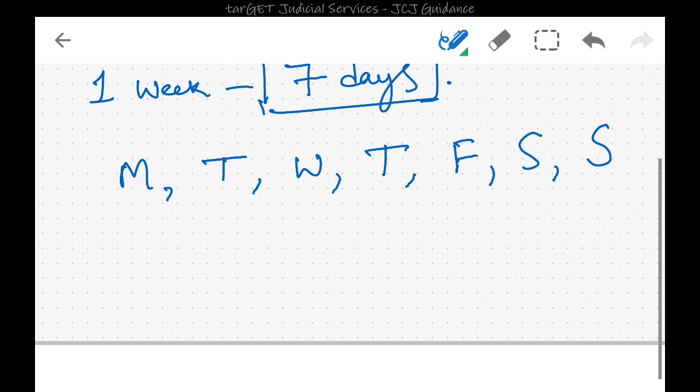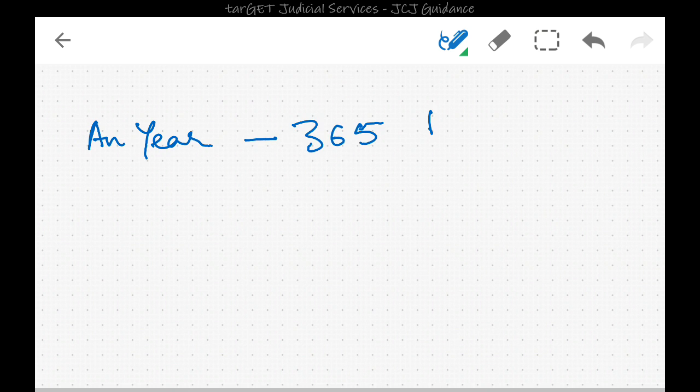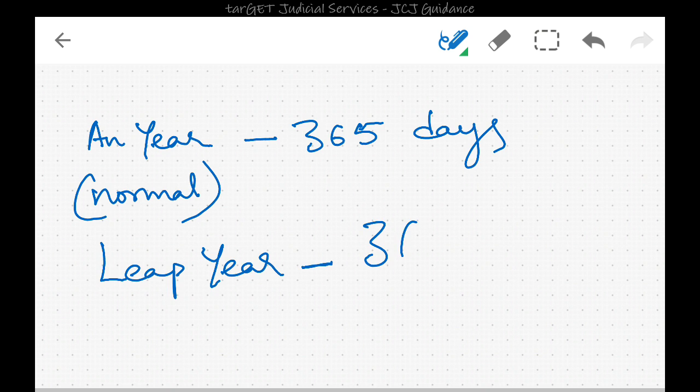Second thing, how many days are there in a year? 365 days in a normal year. What we call a normal year. So there is another type of year which we call the leap year, which will contain an additional day, 366 days.